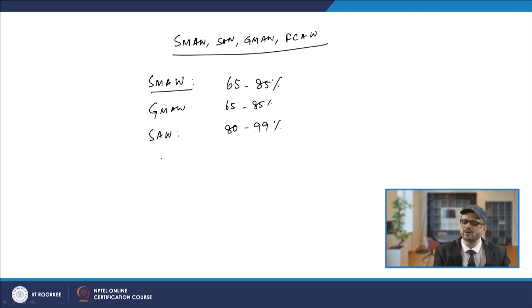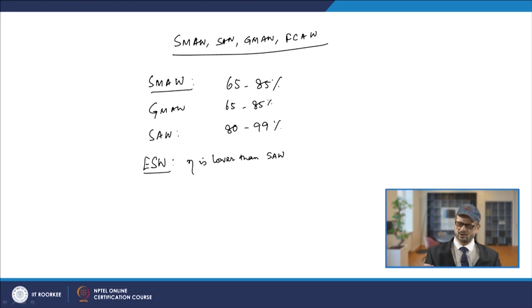Now, if you look at the electro slag welding, the efficiency is lower than that in submerged arc welding. This is because in this case you have the water cooled copper shoes which are used in electro slag welding, and some part of the heat is basically lost in that. So, you will have the heat loss to water cooled copper shoes.